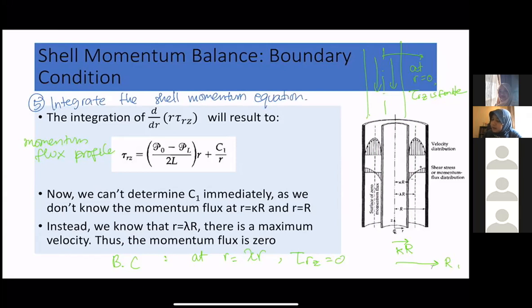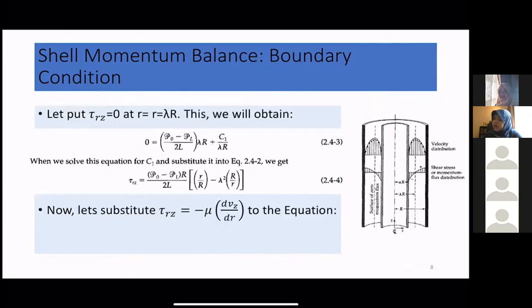and then number 6 is find boundary condition. Okay, and then this one is usually number 7, write the momentum flux equation.